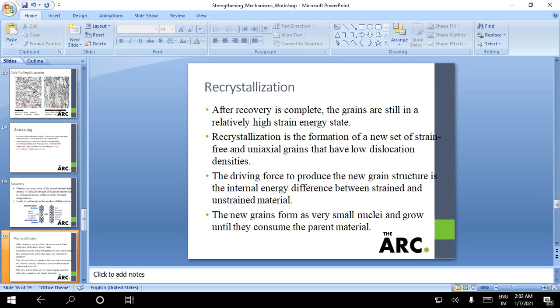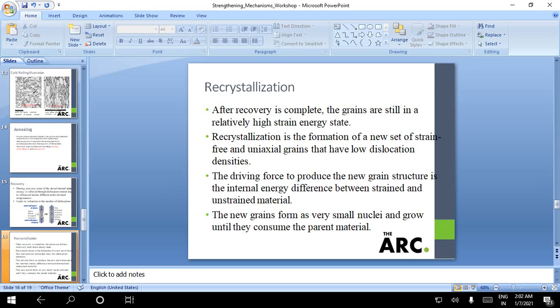After recovery is completed, the grains are still in a relatively high strain energy state. Even after the recovery process, it still has some strain energy within it.